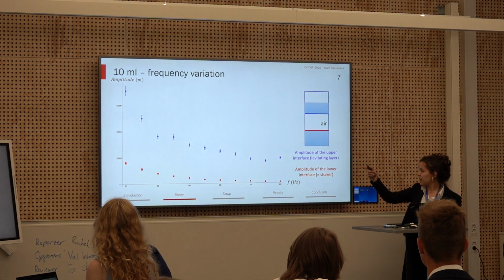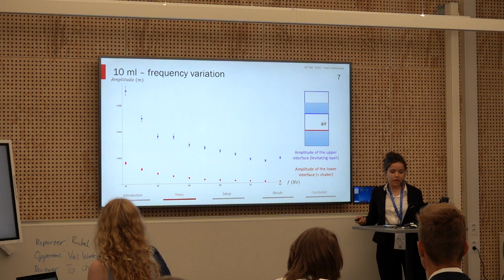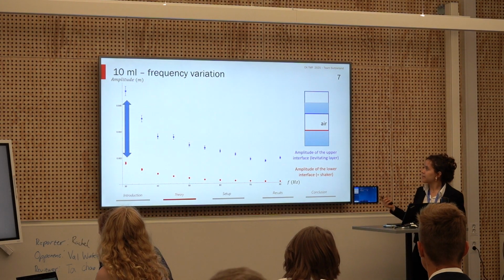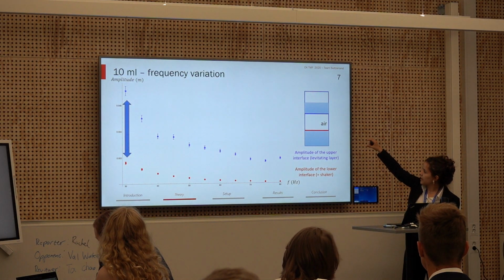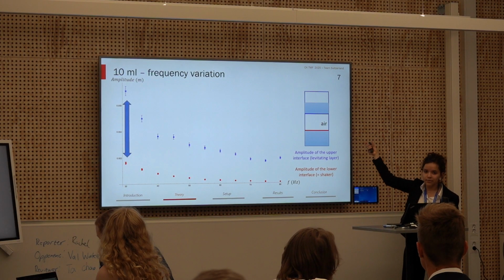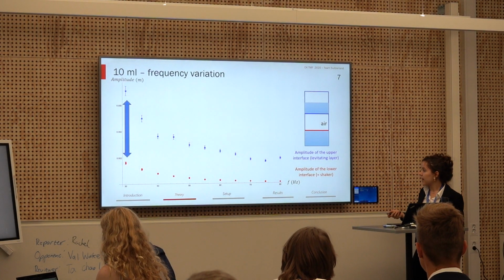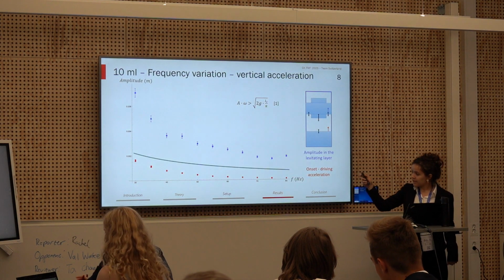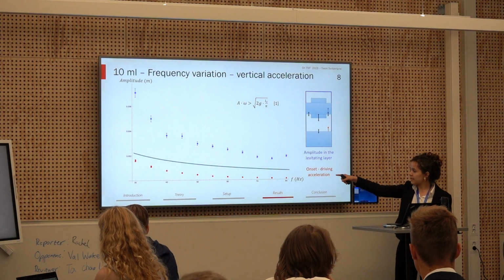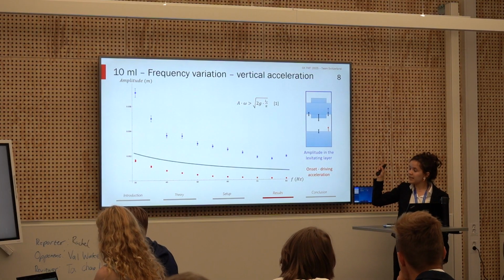As you can see, it's a lot larger, which makes sense because you have basically the case we had before, so the disturbances are expected to be higher up. And as you can see, we then basically modeled this trend using this theory above.